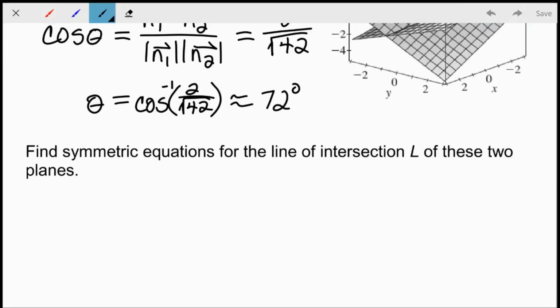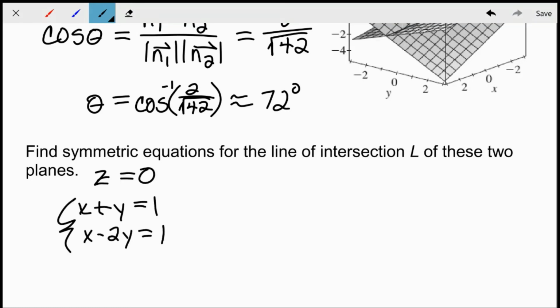What I'm going to do is say, here's something easy. Let's make z equal to 0. And if we do that, then the first equation just becomes x plus y is equal to 1, and the second equation becomes x minus 2y is equal to 1. So now I've got a 2 by 2 system, and I can solve that. I'm not going to show the algebra, but you could do it.